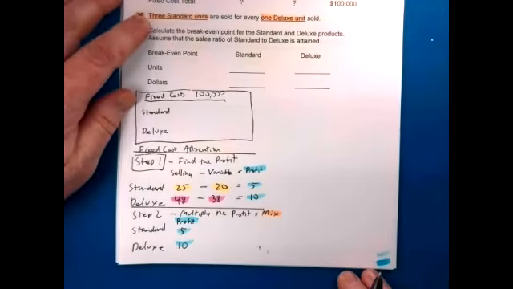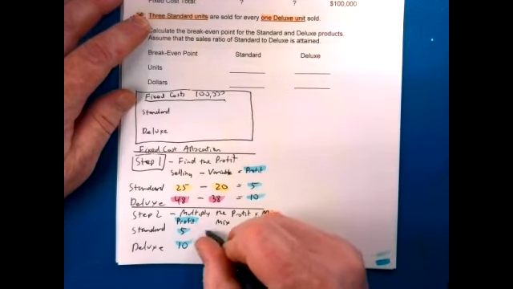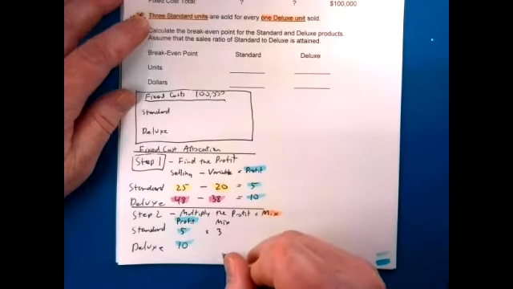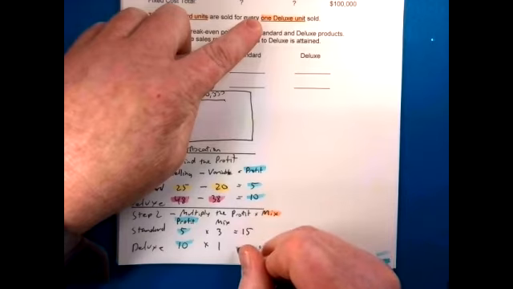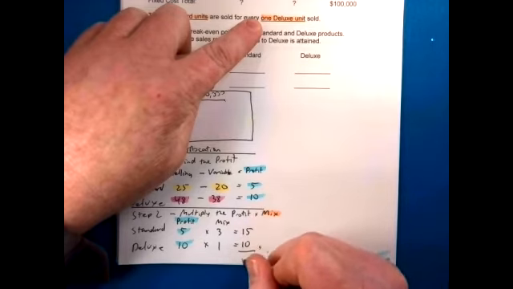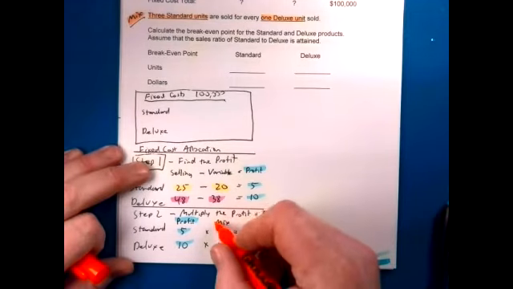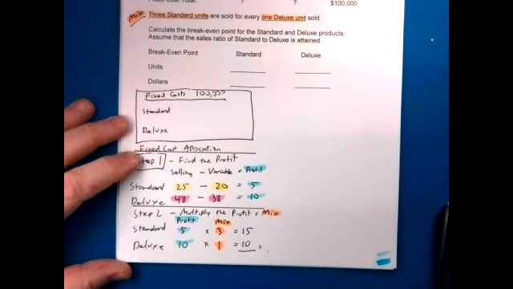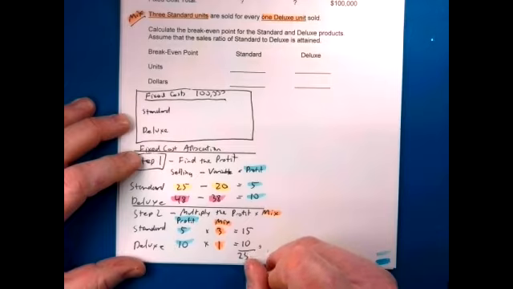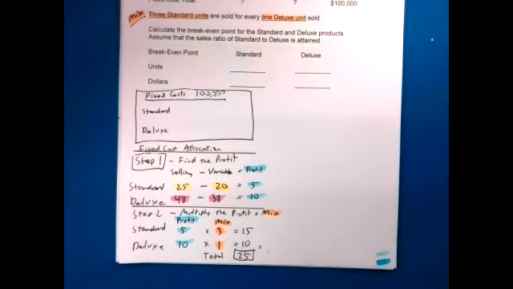And our mix is 3 to 1. And so we come up with this, and we make the total of 25. And this is what we're going to use to split up.